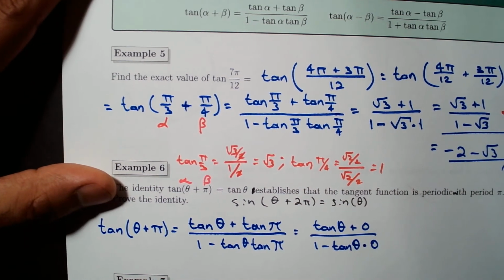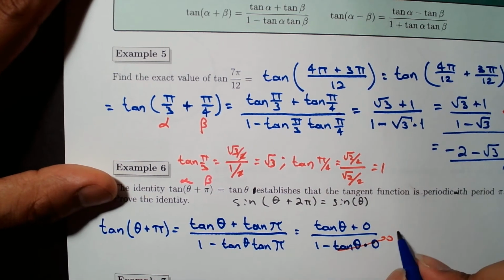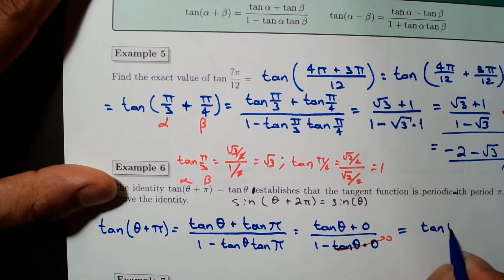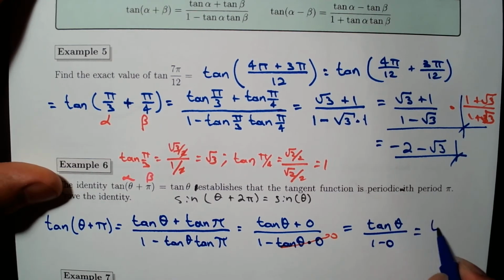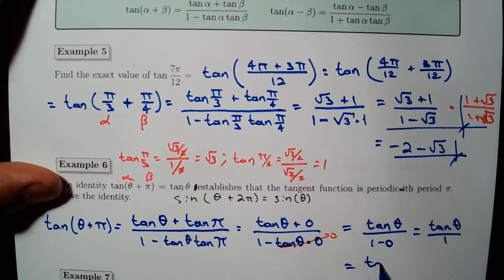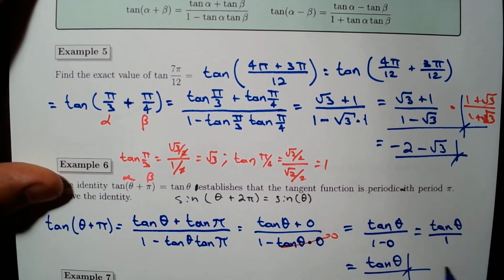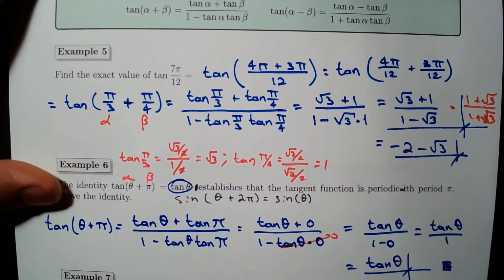This goes to 0, and tangent plus 0 is tangent. In the denominator, 1 minus 0 is 1, and that's simply tangent theta, as we wanted to show.